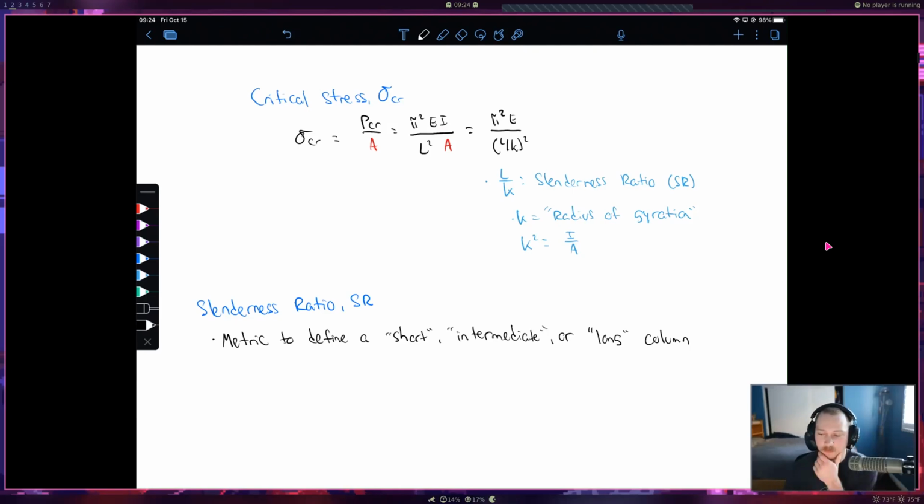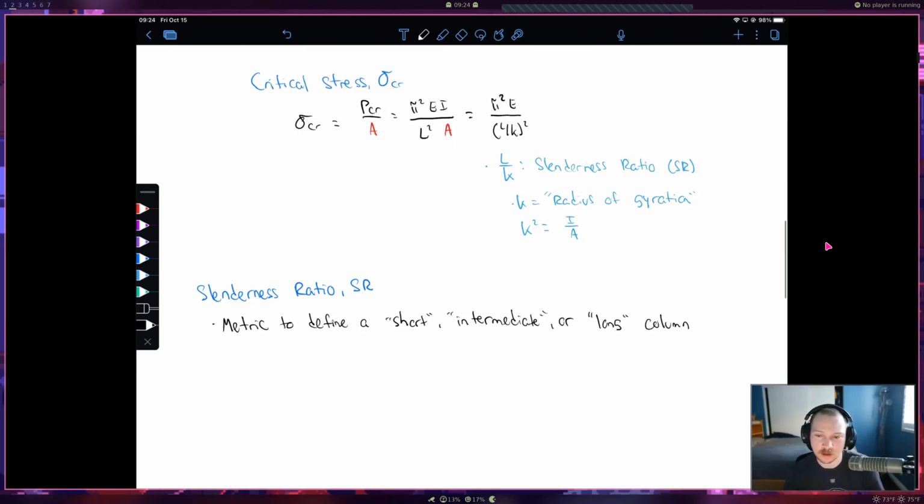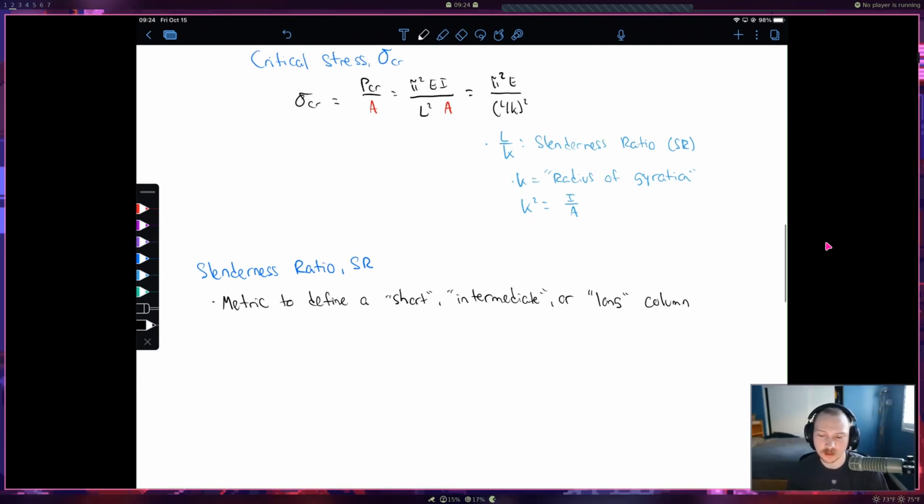Our short columns, like we mentioned earlier, fail by material failure. The long columns fail by stability failure, so when they buckle outwards. The intermediate columns fail from a combination, depending on if it's closer to a short column or closer to a long column. So we're going to use the slenderness ratio, L divided by k, to determine if it's short, intermediate, or long.